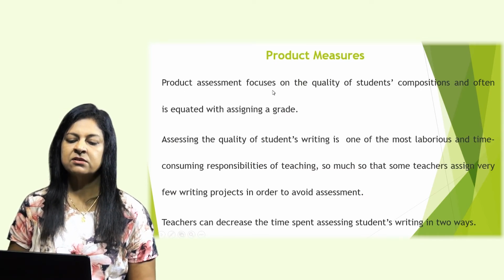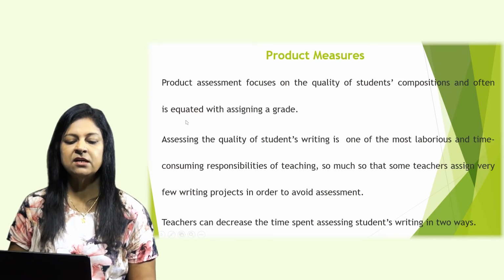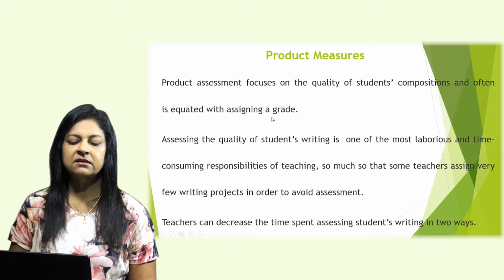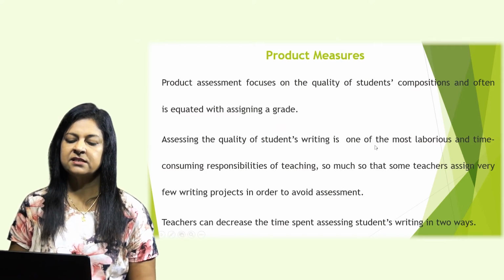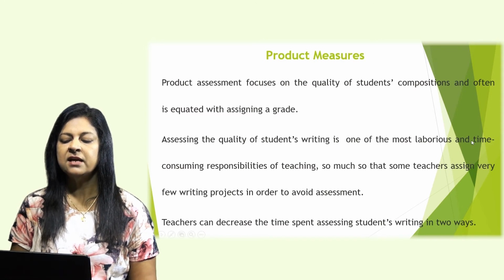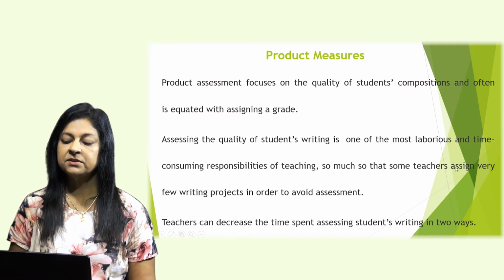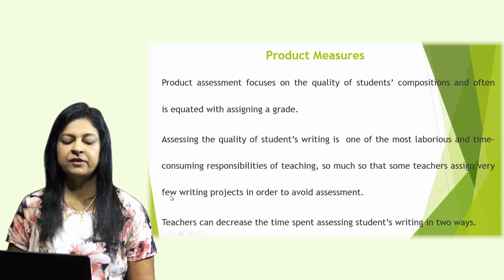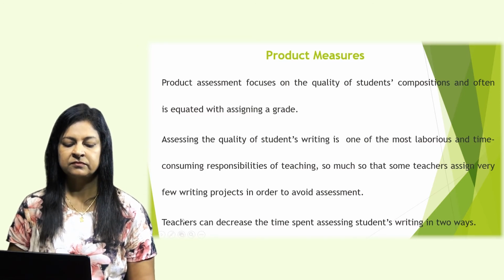Product measures focus on the quality of students' compositions and often are equated with assigning a grade. Assessing the quality of students' writing is one of the most laborious and time-consuming responsibilities of teaching, so much so that some teachers assign very few writing projects in order to avoid assessment.